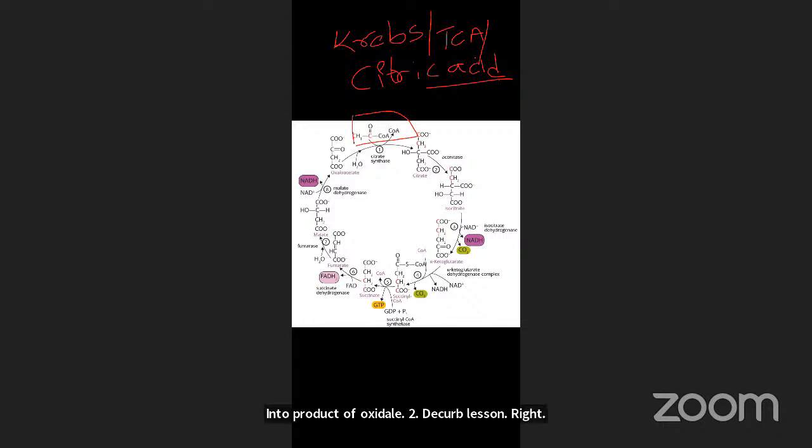This acetyl coenzyme A condenses with oxaloacetate, which is a 4 carbon compound. So oxaloacetate is a 4 carbon compound.